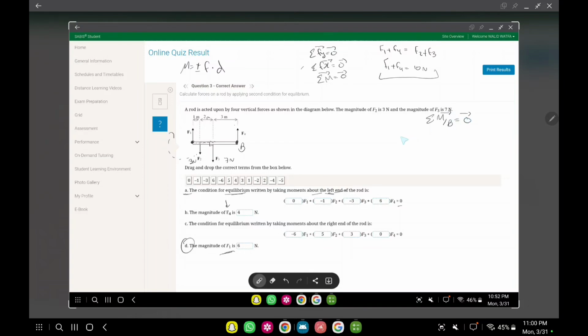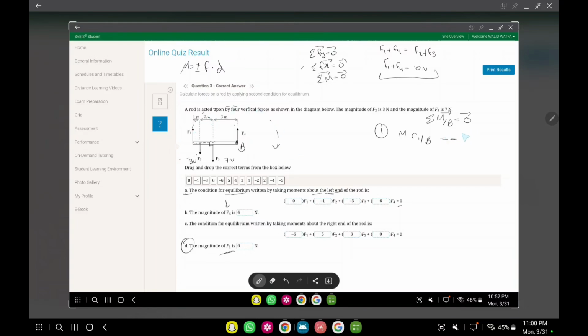Let's start. The moment of F1 around B, this is the first one. I'm going to write it in terms of the forces, because that's how they want it. The moment of F1 around B is going to be going clockwise, if you look at the direction, as you can see. So it's going to be negative.